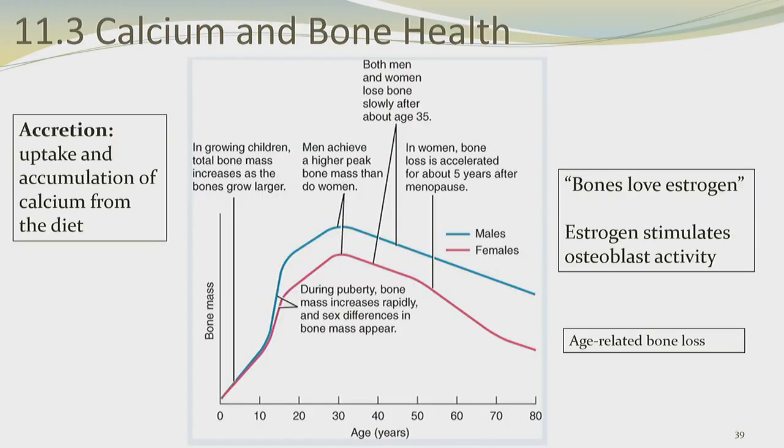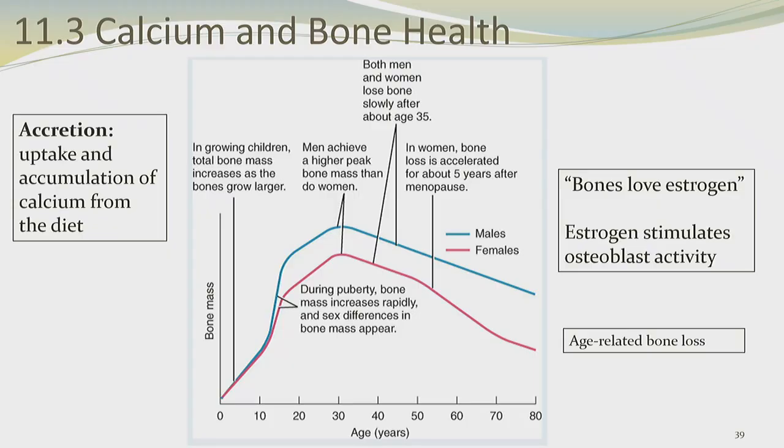Okay. So this graph shows what happens to bone mass over a lifetime. And here we can see age indicated on the x-axis, and on the y, or vertical axis, we see bone mass.